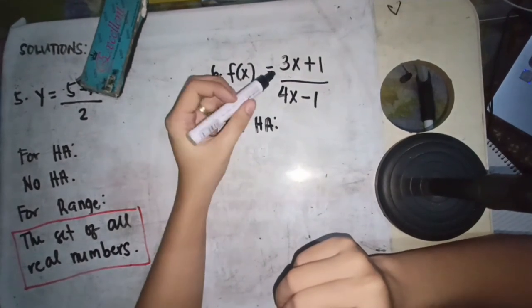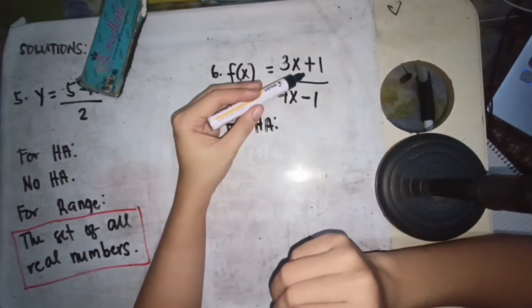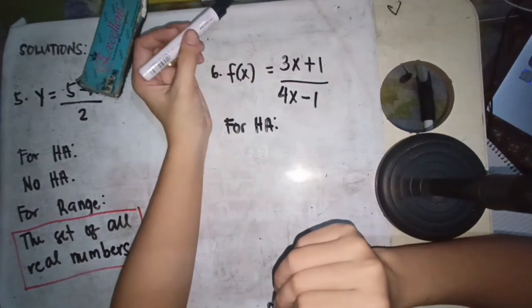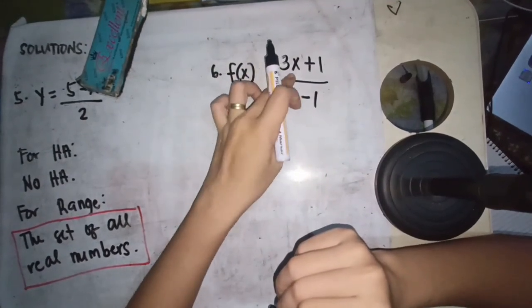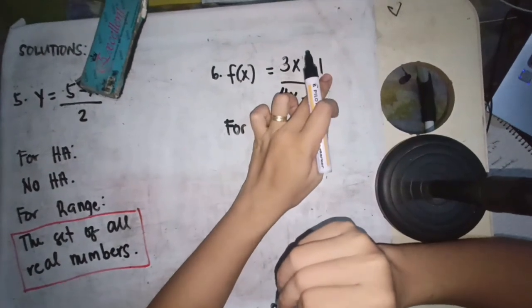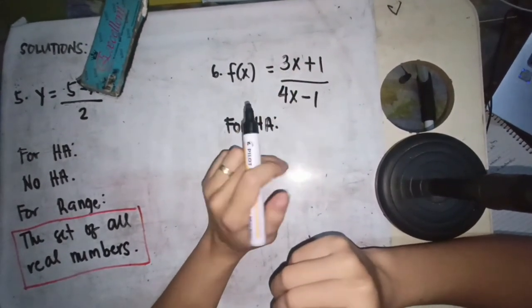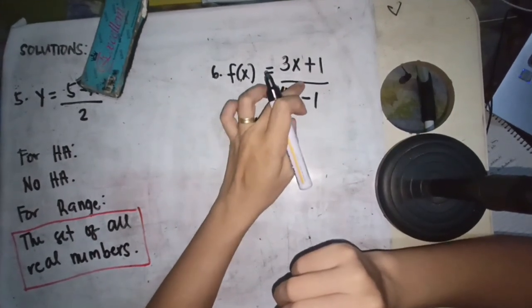So for our numerator, we have 3x plus 1. Ang iyahang degree is 1 kay di ba 1 man ang exponent dira. So ang term with the highest exponent man is ang 3x because ang 1 nato is constant. Sa denominator pod, we have 4x minus 1. Ang degree pod niya is also 1. Na diha no sa taas, invisible lang siya.